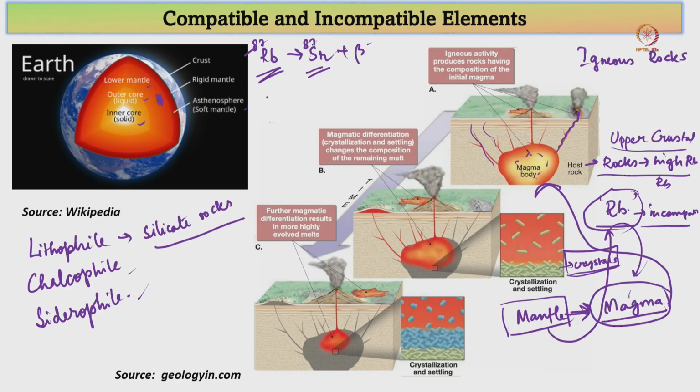So, my crust, that has more rubidium as compared to the mantle, will have more radiogenic strontium as compared to the mantle.